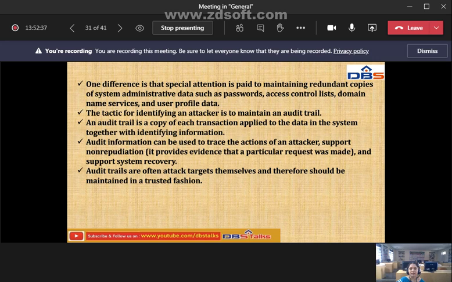The tactic for identifying an attacker is to maintain an audit trail. We need to maintain the audit trail to identify the attackers. The audit trail is a copy of each transaction applied to the data in the system, together with identifying information.